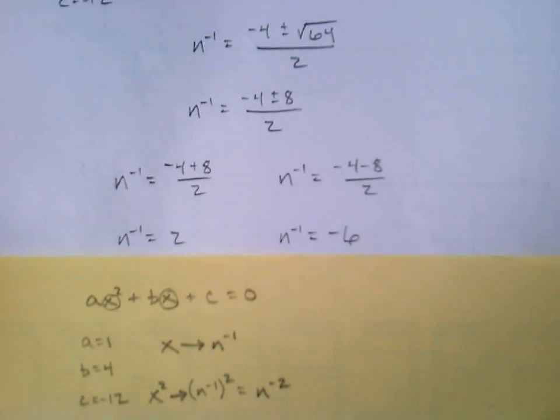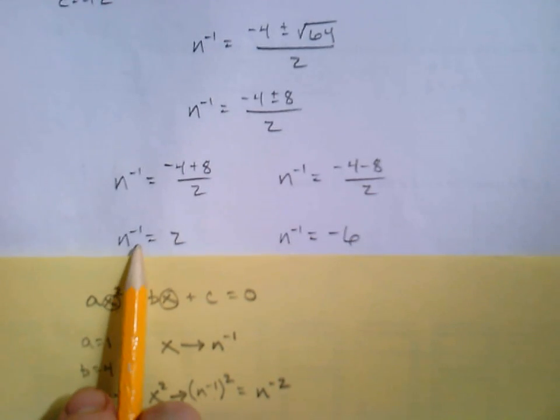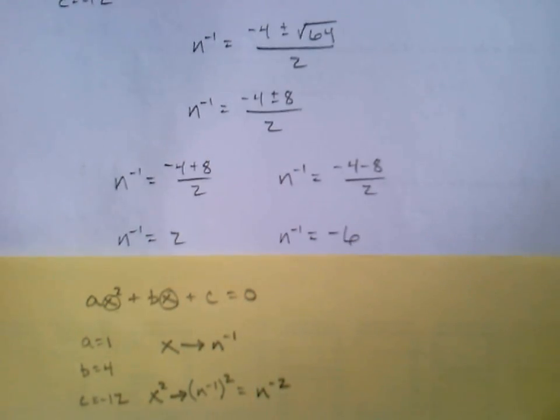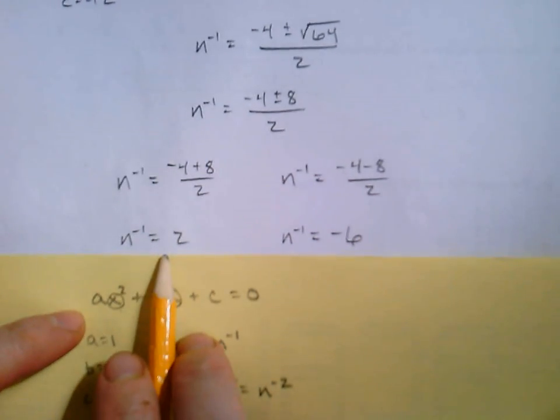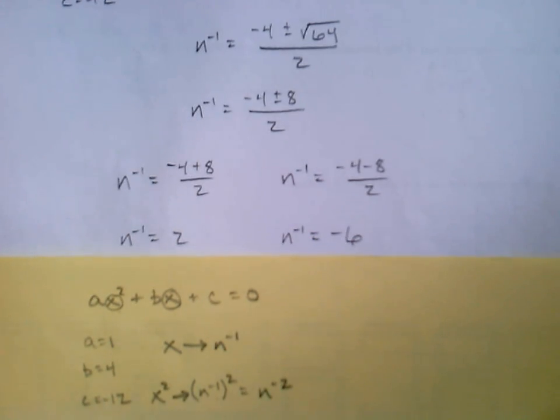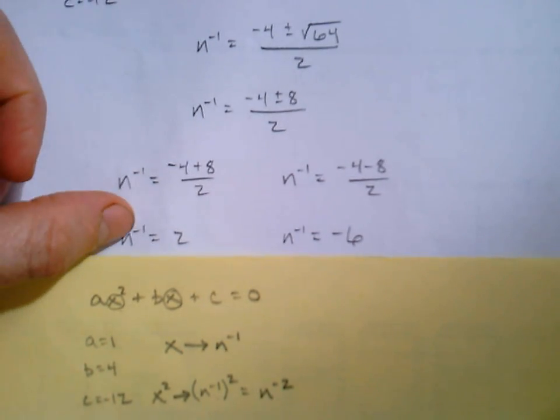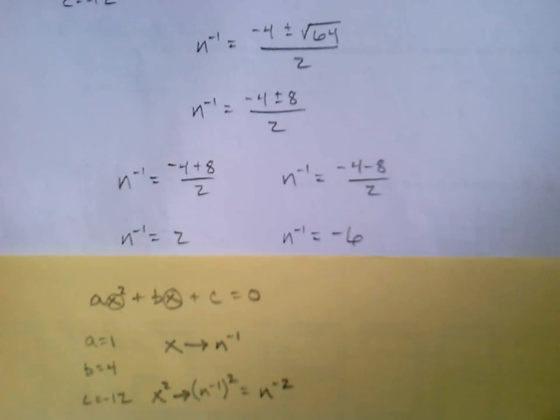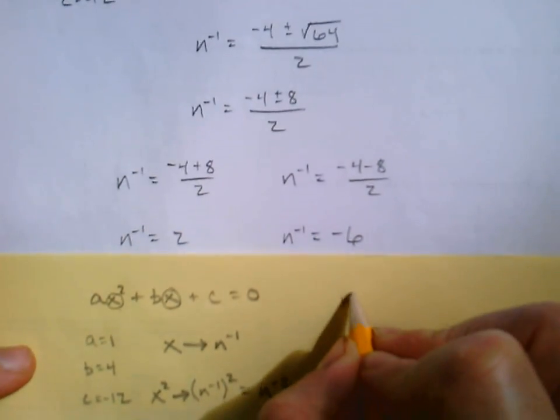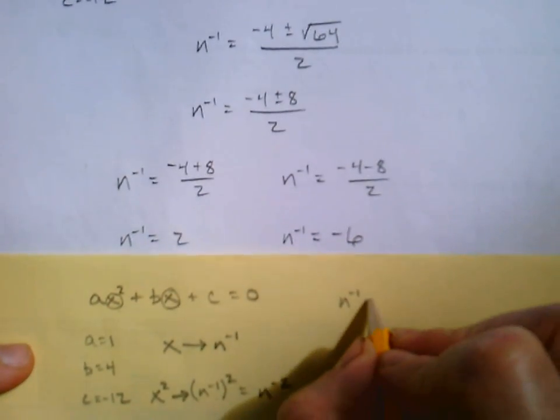Okay, and we get to this, but now we realize we don't have the answers yet. There's one last step. We need n equals, not n to the negative 1. Do you remember what a negative 1 does? It's a reciprocal, right?